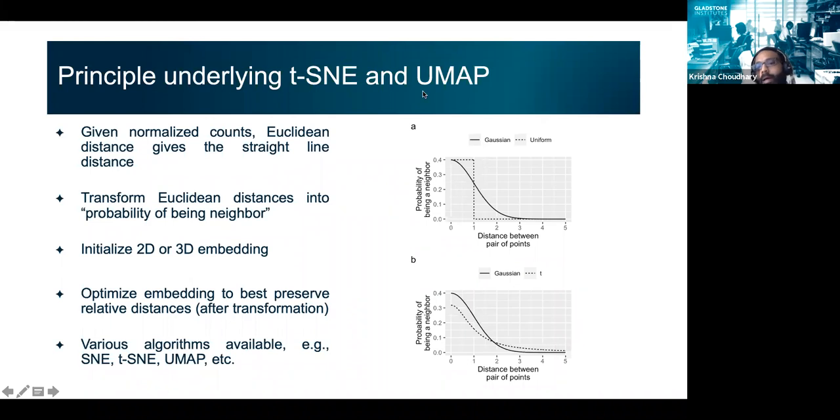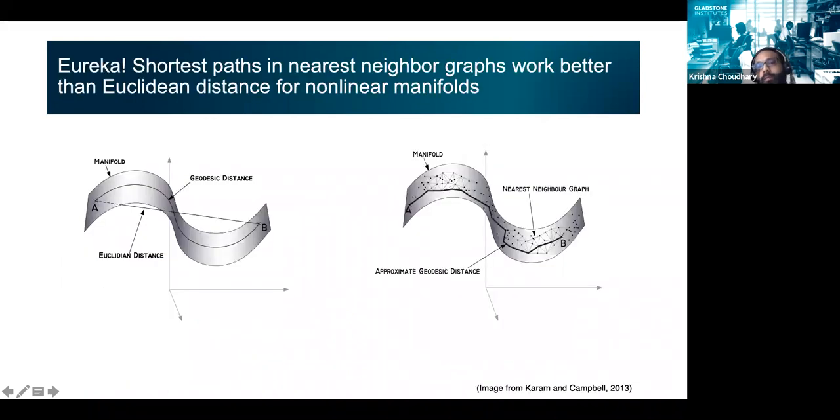So t-SNE and UMAP advance the field further by refining and extending the approach of the nearest neighbor graph. One of the drawbacks of this kind of neighbor graph approach is that we are classifying every pair of points in a binary fashion as either a neighbor or not a neighbor.